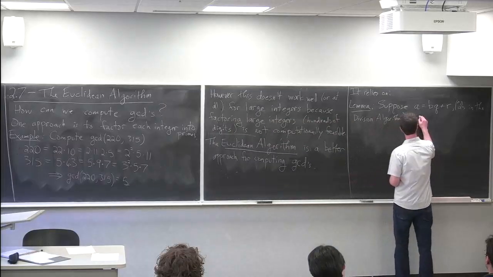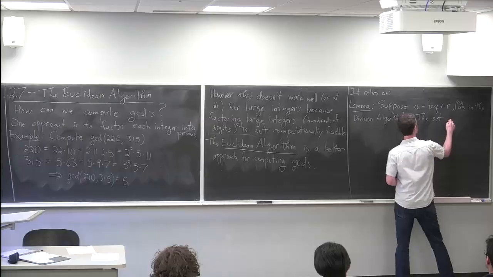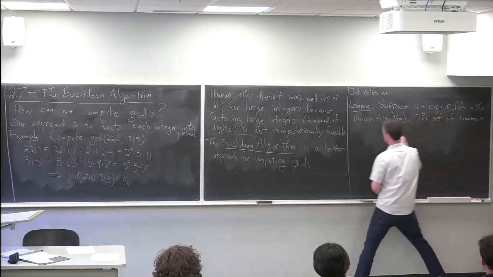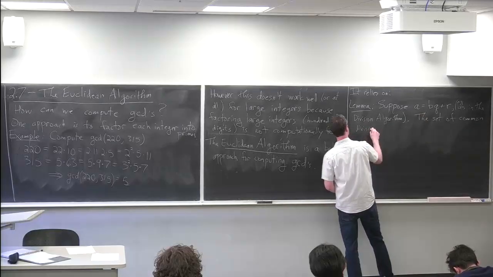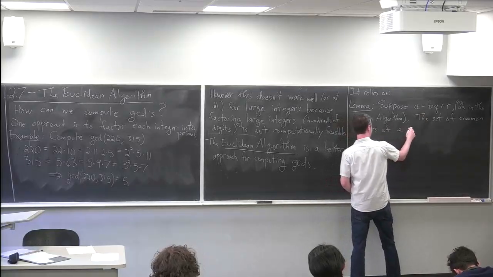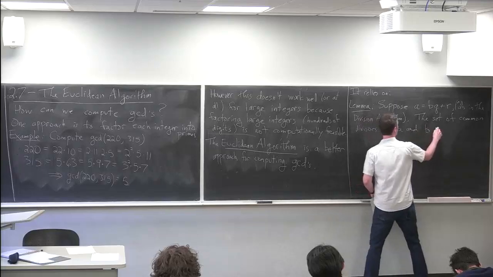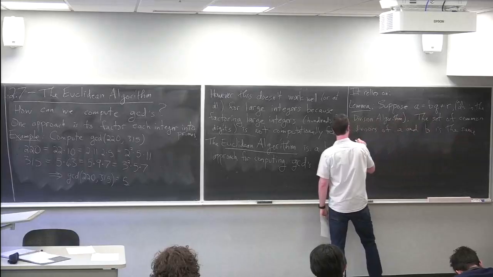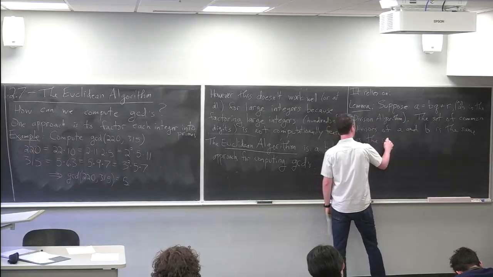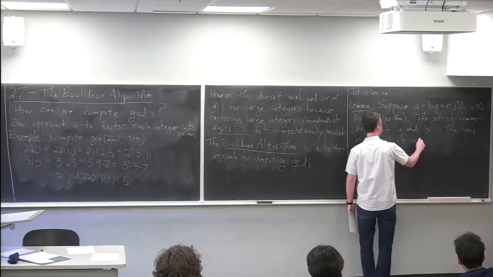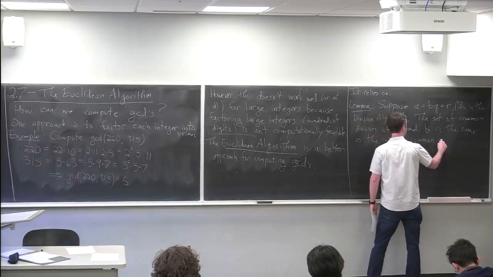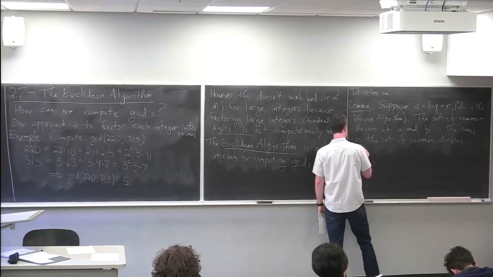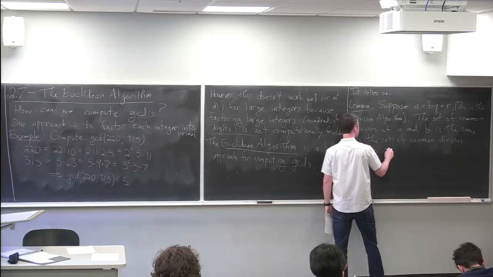So the statement is: the set of common divisors of A and B is the same thing as the set of all common divisors of B and the remainder R, whatever that is.